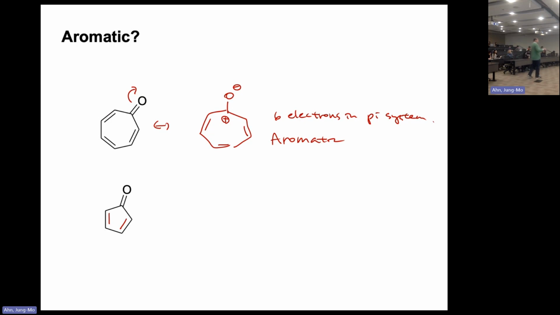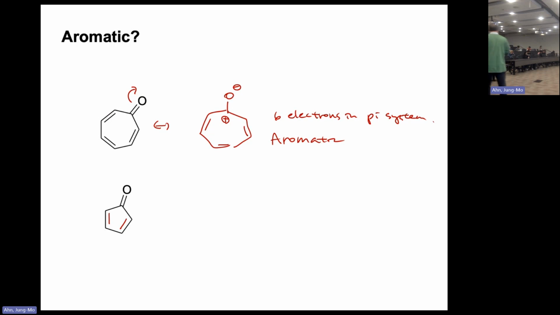It looks very similar, except it's a 5-member ring. Let's see in the same way. All the carbons in the 5-member ring can be sp2 hybridized, and then it can be flat. So these are the first 2 rules. The only thing left to check is the number of pi electrons.